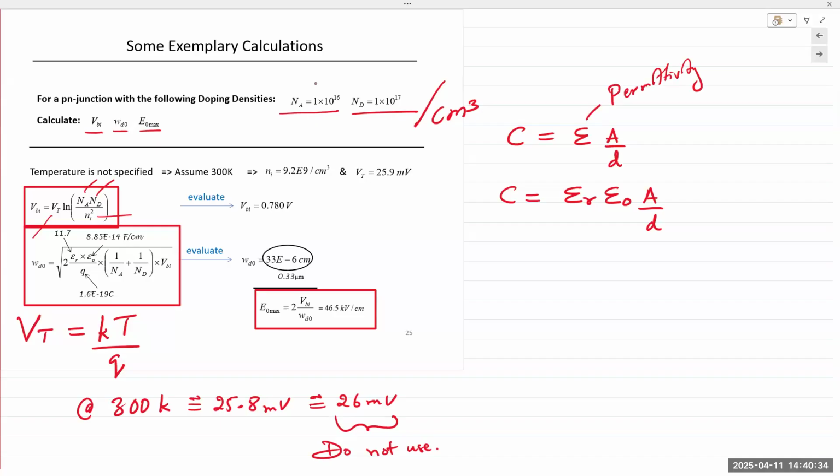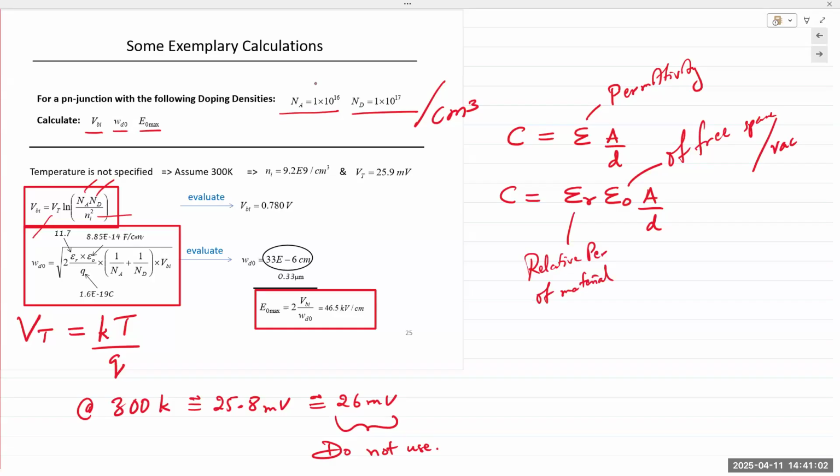And epsilon 0 and epsilon r are material properties. Epsilon 0 is the permittivity of free space or vacuum, and epsilon r is the relative permittivity of a specific material with reference to epsilon 0.